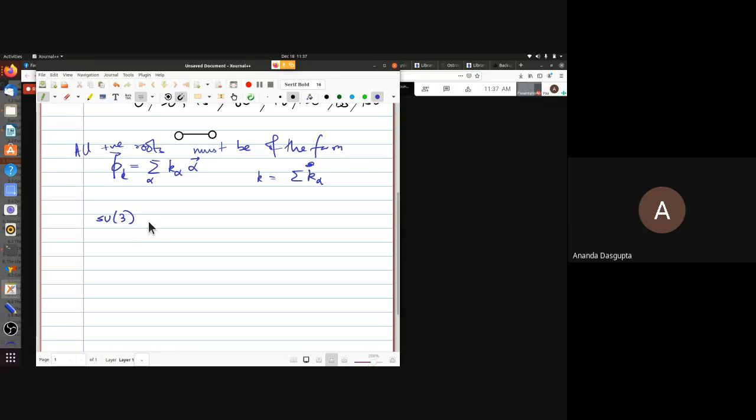In SU3, we had two simple roots. After all, if you remember your root diagram, these were the six roots that you had in SU3. Remember, SU3 has 8 generators. 2 of them form the Cartan subalgebra. There are 6 other generators, and you can diagonalize these 6 other generators in the adjoint representation and get the root vectors. So 6 root vectors, and these vectors are this, this, this, this, this, and this.